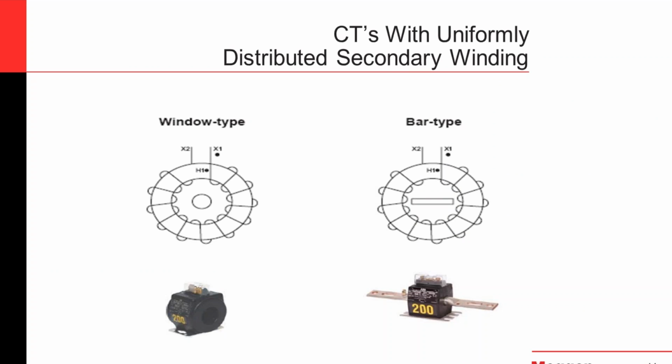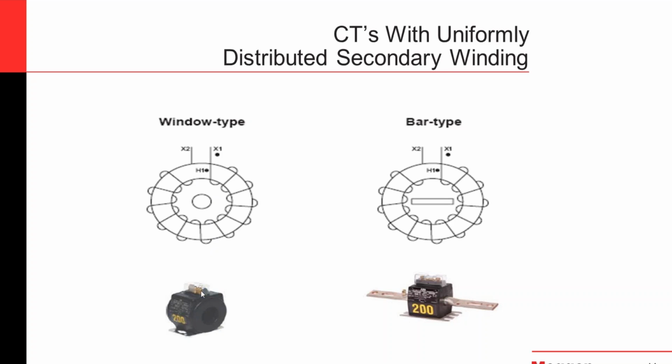I want to talk a little bit about the different types of CTs being used. As you can see here, we are going to talk more about the uniformly distributed secondary winding. One of the types is called the window type. As you can see, you have a window on the CT.